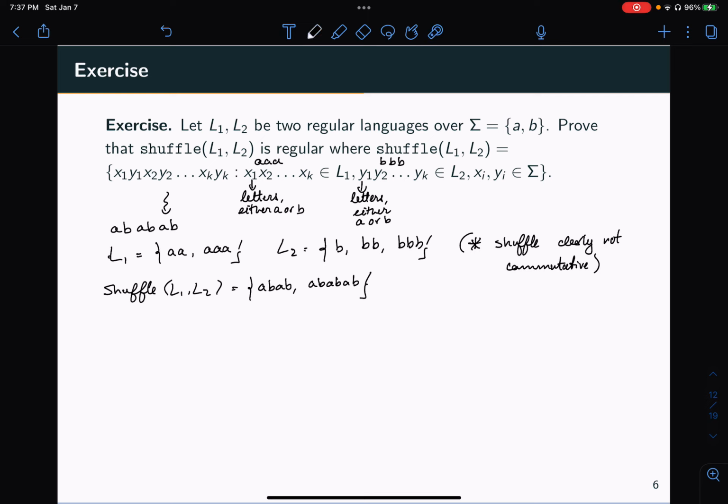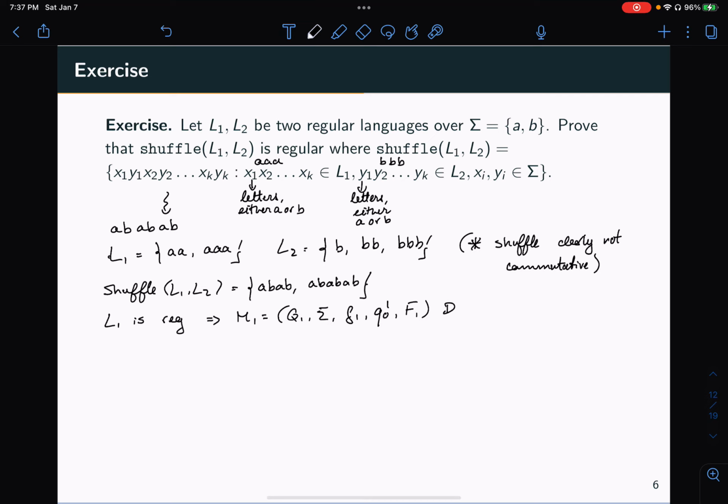Okay, so now let's think a bit more abstractly about how we could prove that this actually preserves regularity. If I know that L1 is regular, then I know that there's a machine M1, which I'll label as a 5-tuple Q1, sigma, delta 1, Q0,1, F1.